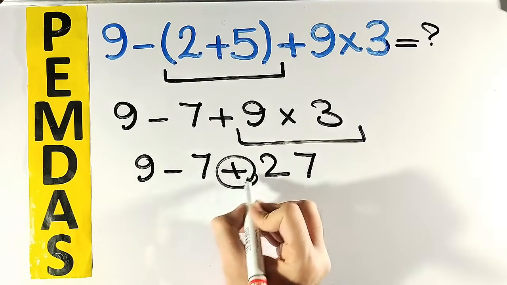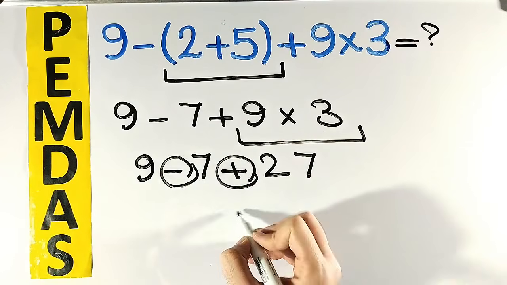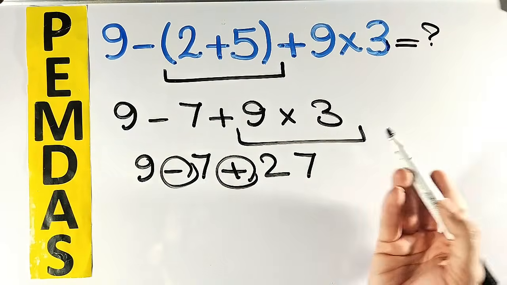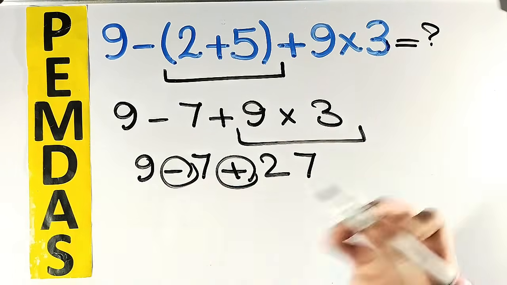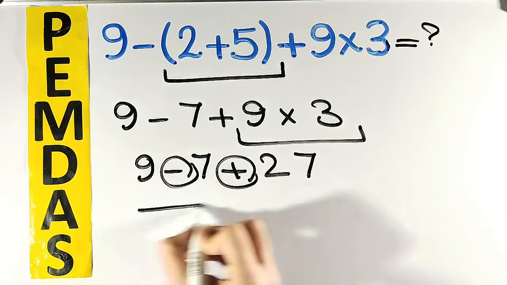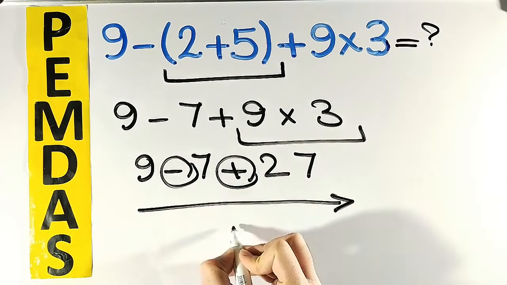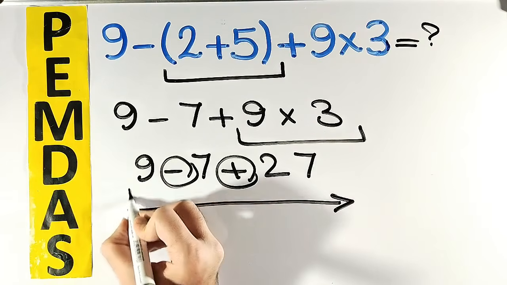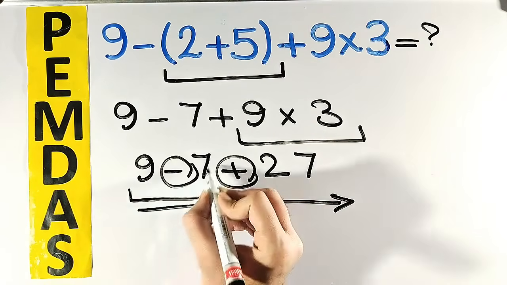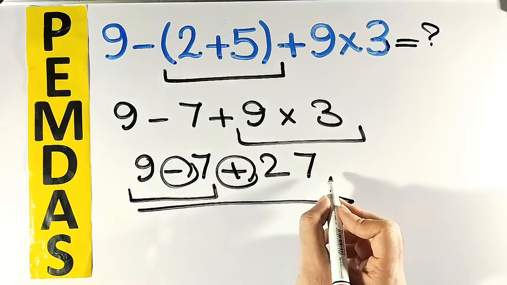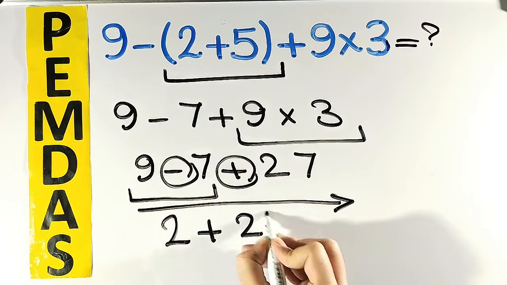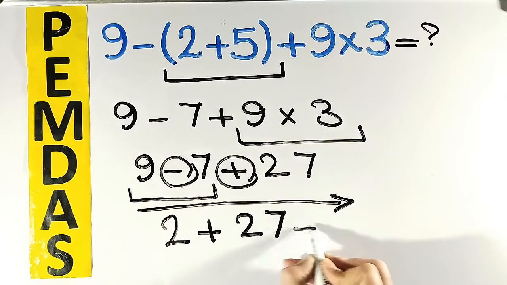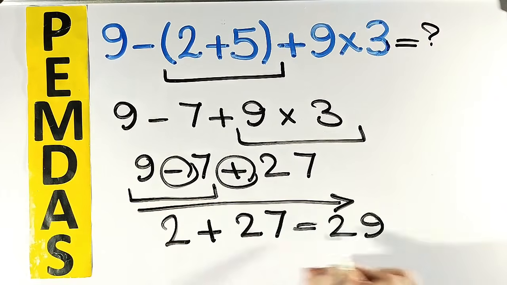Then, we go for the addition and subtraction. However, we must pay close attention that addition and subtraction have the same level of priority, and we must perform these two operations from left to right. So, first we go for the subtraction between 9 and 7. And instead of this expression, we can write 2 plus 27, which finally gives us the answer, 29.